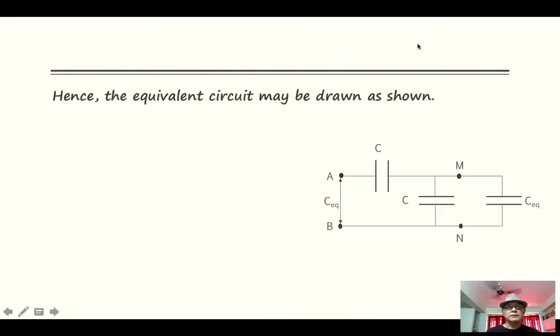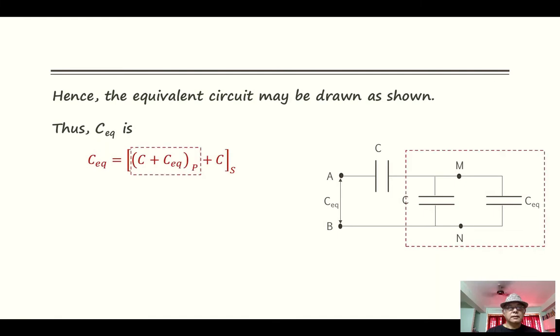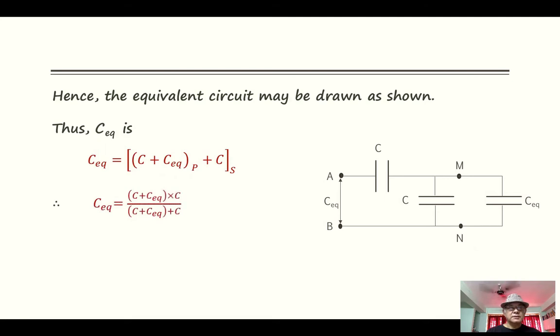Hence, the equivalent circuit may be drawn as shown. Thus, C subscript EQ is, C and C subscript EQ are in parallel, and this parallel combination is in series with C. Proceeding further, we get C subscript EQ as given in the equation.